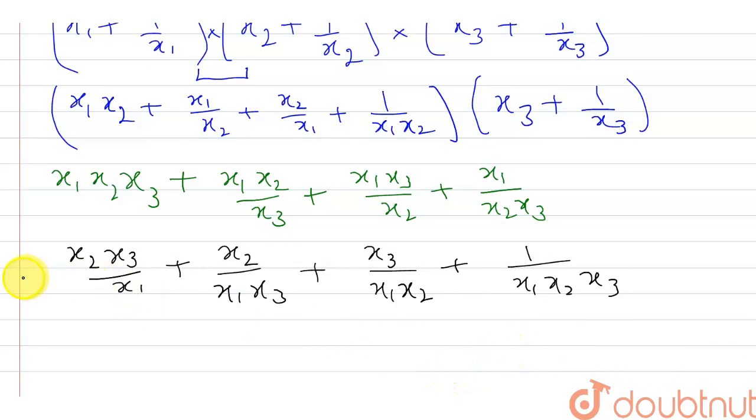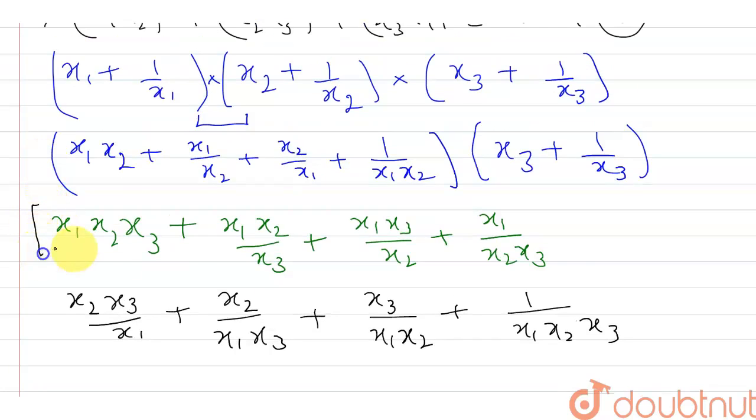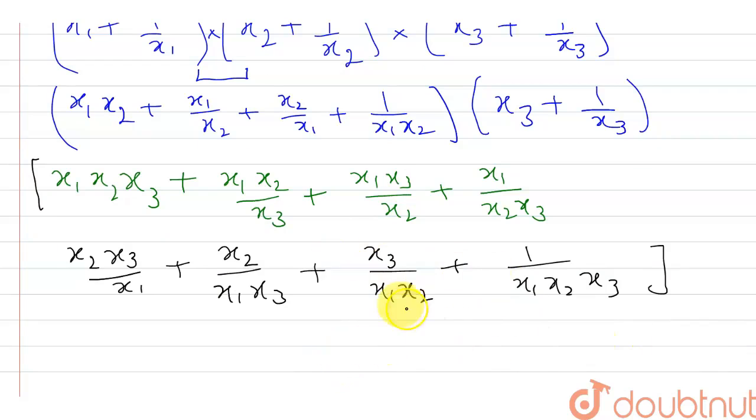So I have to take an LCM of this. Either I can take LCM, or what else can I do? If I take this, there are 6 terms. So let me take LCM.